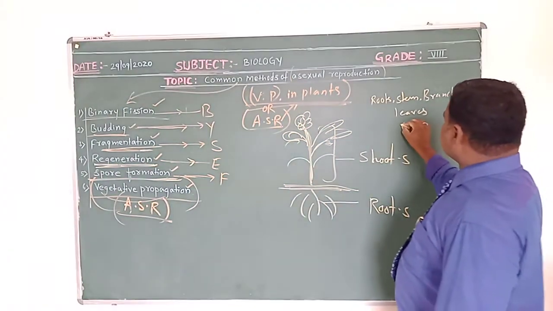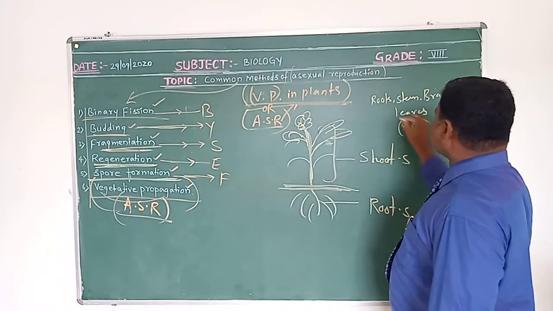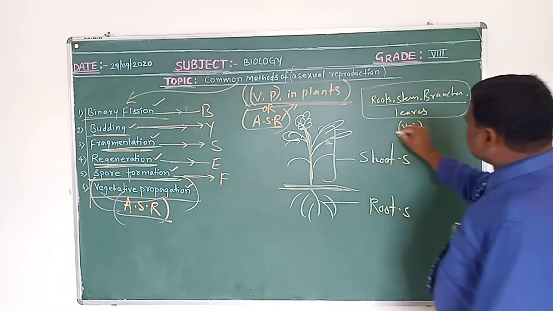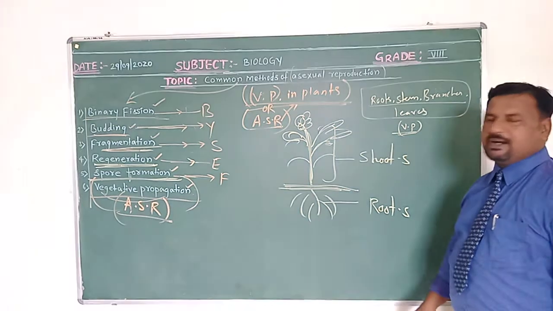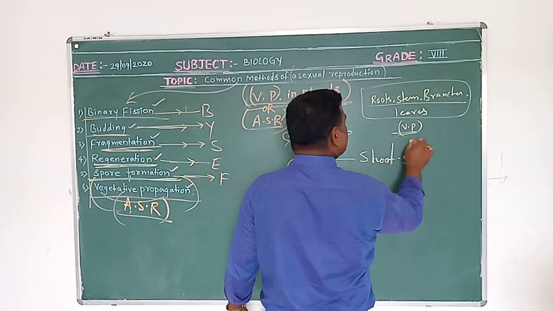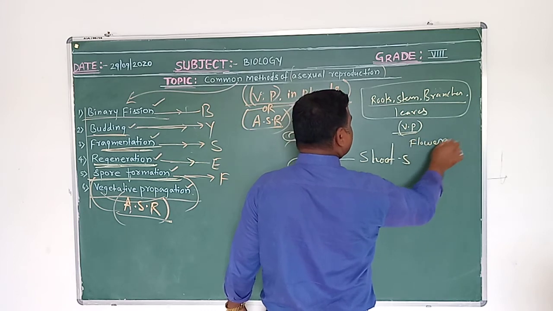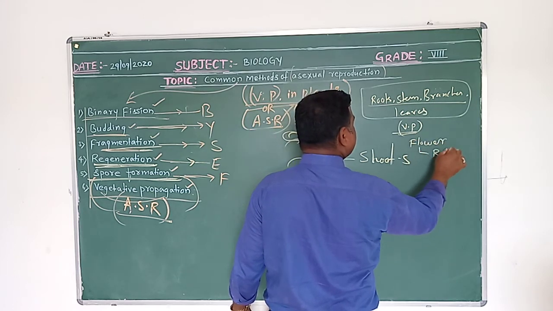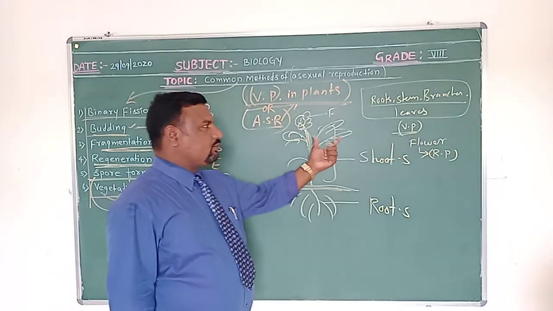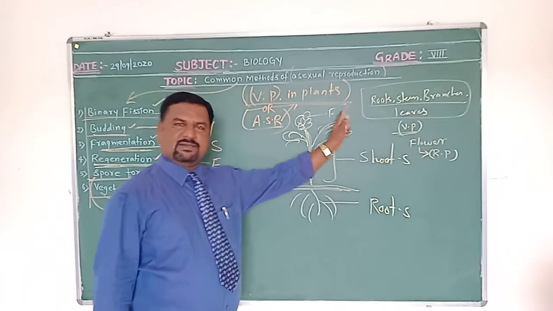These are vegetative parts of a plant body. And the flower alone is a reproductive part. Remember it. The common parts of a plant body are root, stem, branches, leaves and flower.